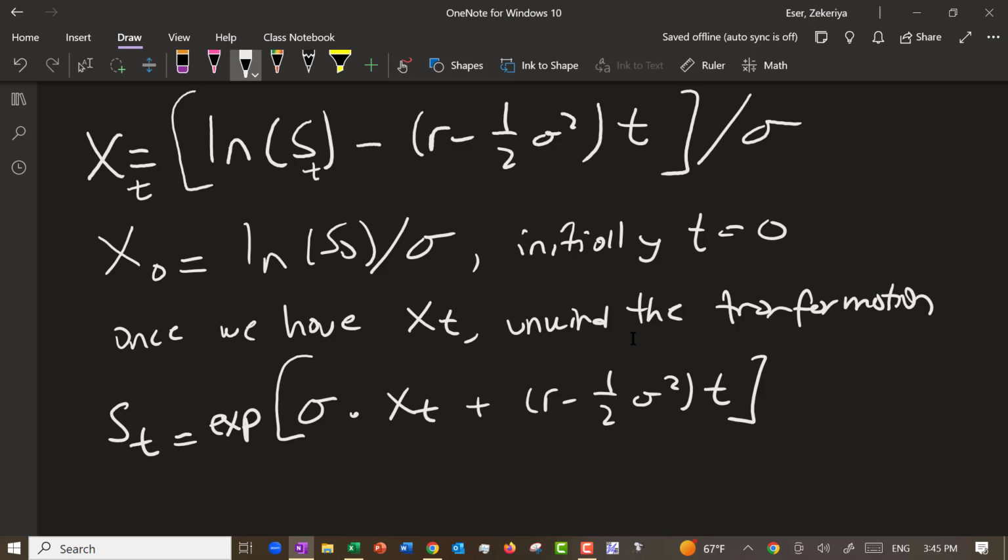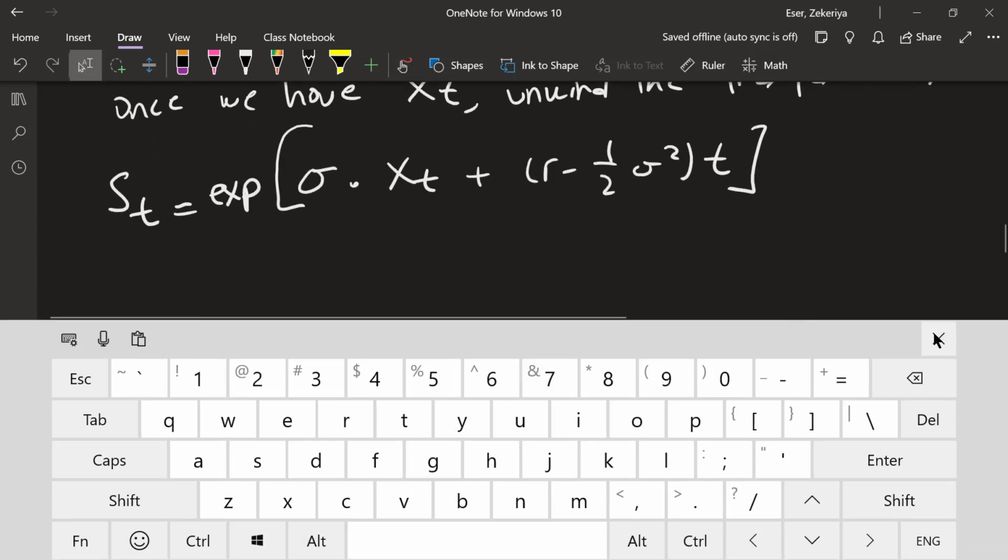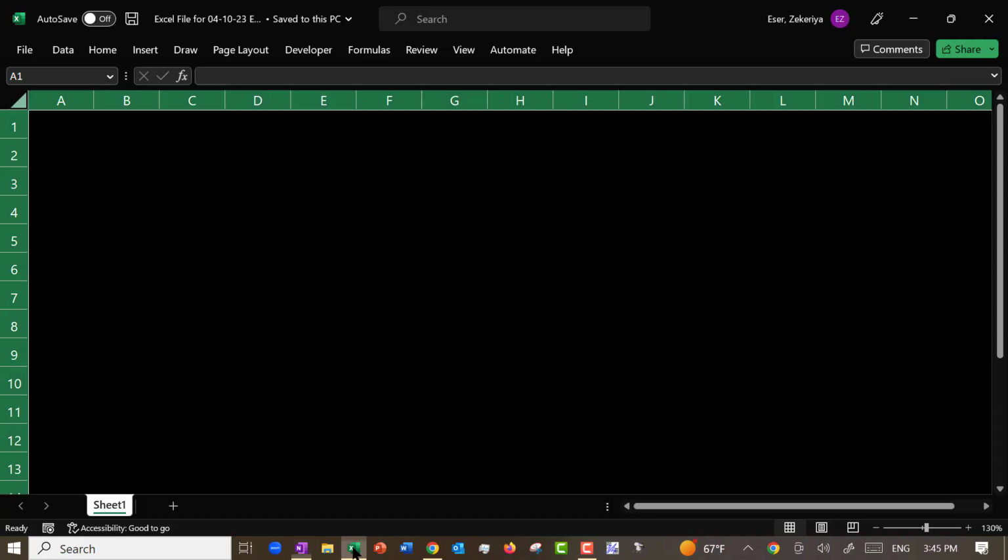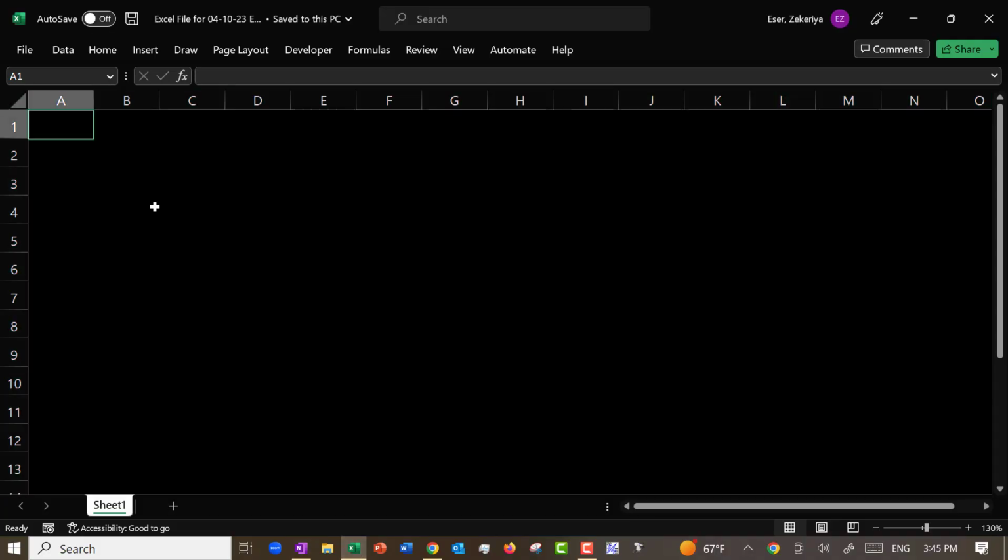And once we have the stock prices, we've got no problem calculating the payouts. So let's first do our setups.